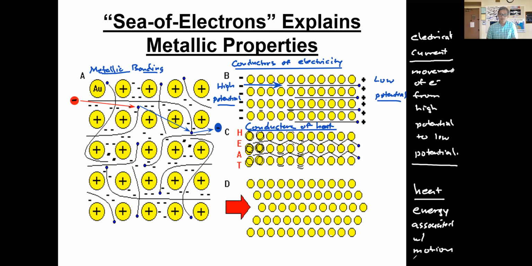We talk about this much more, hopefully, when we get to the thermodynamics chapter. But it's the energy of motion. The heat is motion, and that's how you want to think about it. Whenever you have something moving, it has heat energy. It will be associated with heat energy as well.